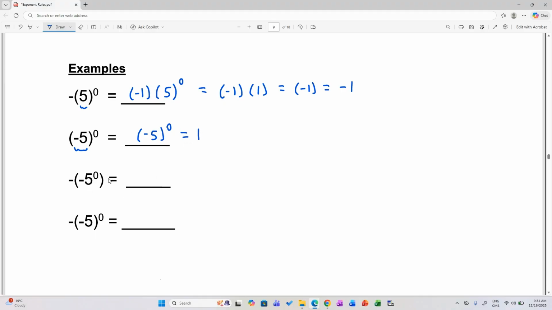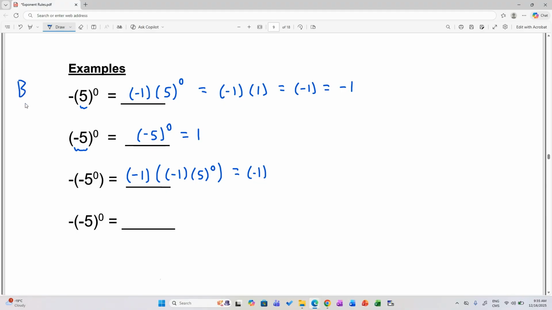Okay, here I have an invisible negative 1 on the outside. On the inside, I'm going to have negative 5 to the exponent of 0. In this case, because the 0 is inside of the brackets and not outside, I'm going to end up having an invisible negative 1 here first. Then I'm going to have my 5 to the power of 0. So to solve this one, let's use order of operations. I have to solve what's in the brackets first. Inside of the brackets, I have a multiplication between negative 1 and 5 to the exponent of 0, but I have to simplify my exponents first because that's next for BEDMAS, right?